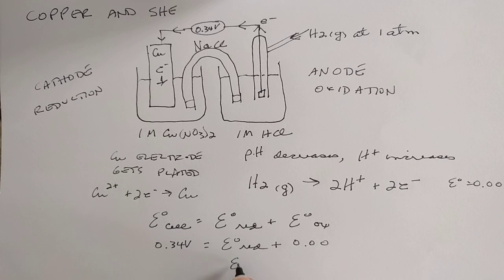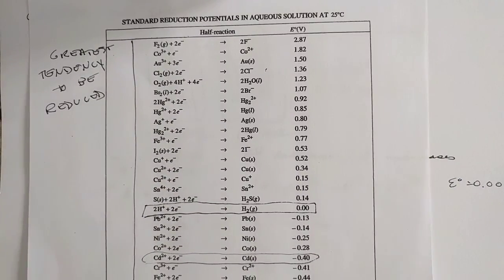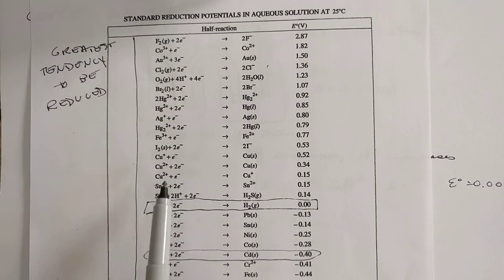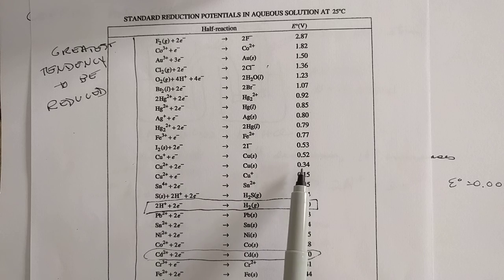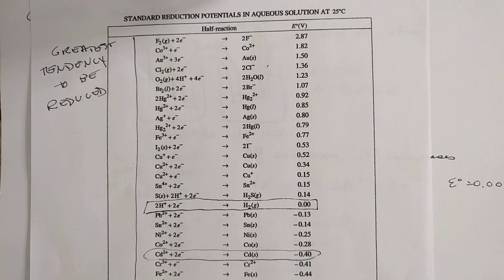So then we have that the E0 for the reduction of the copper is equal to 0.34 volts, because that's the reduction of the copper ion. And that is the value that we see on our chart. Copper plus 2 electrons is positive 0.34.